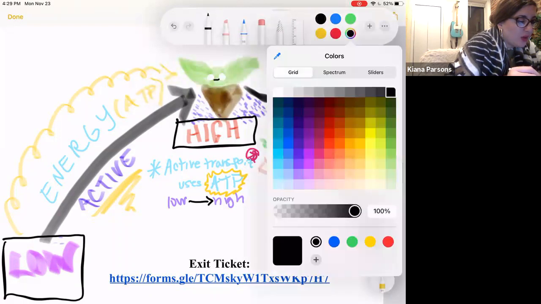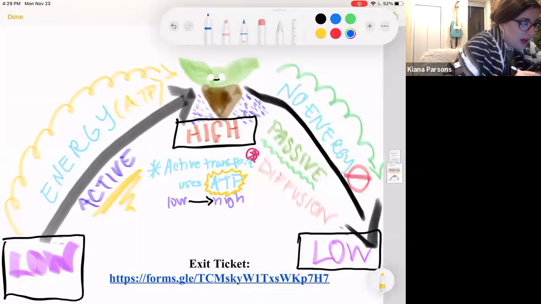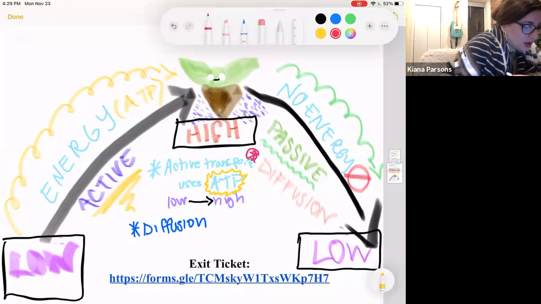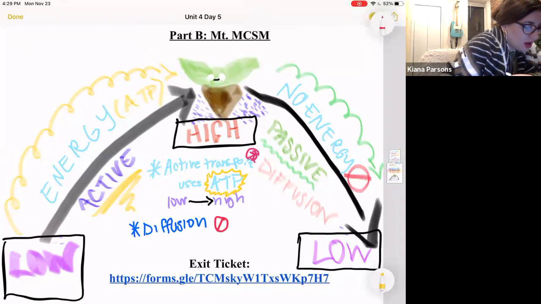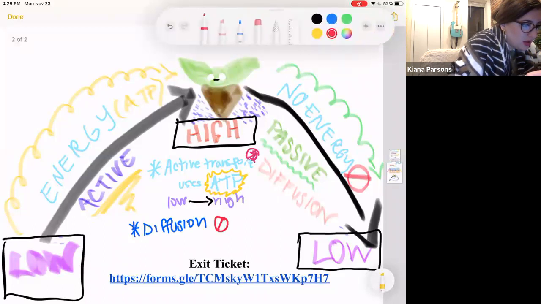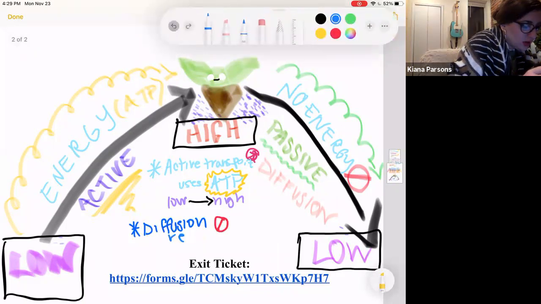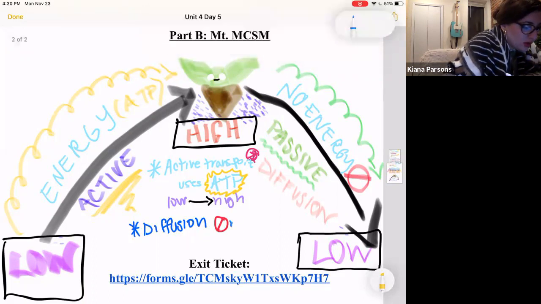And this is really the whole unit kind of summarized, right? So we have active transport uses ATP and goes from low to high. Diffusion does not require energy.